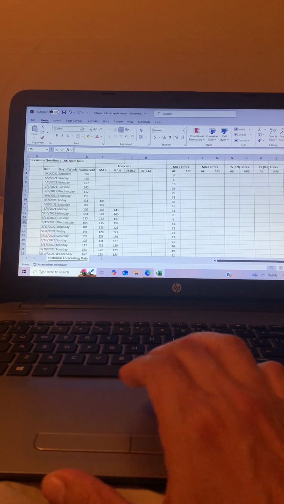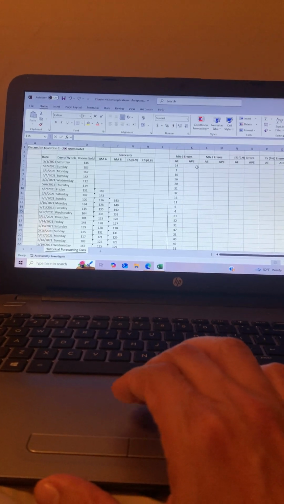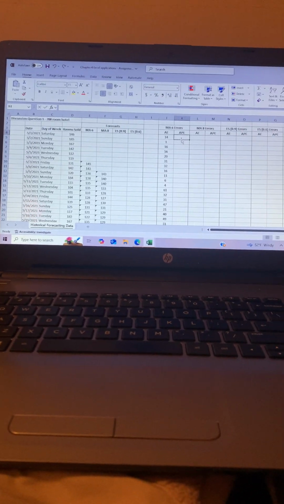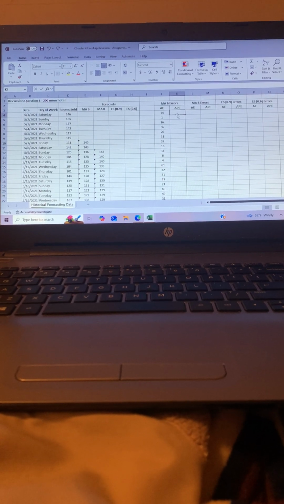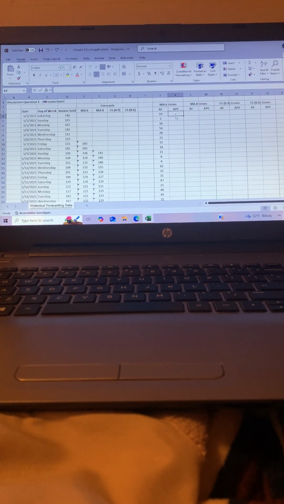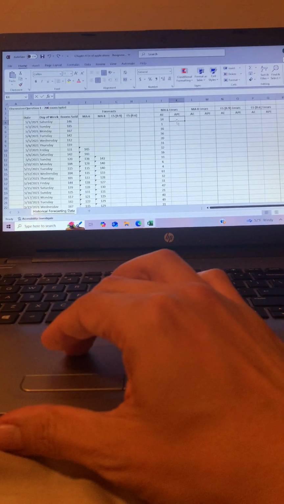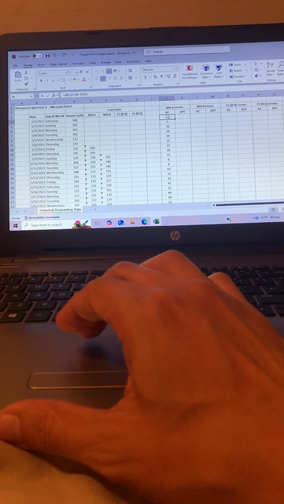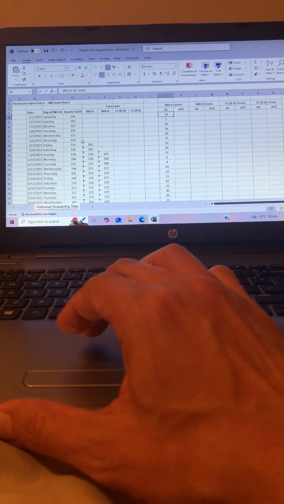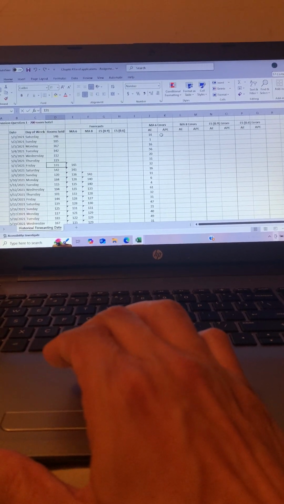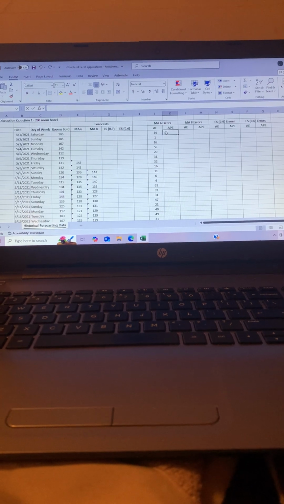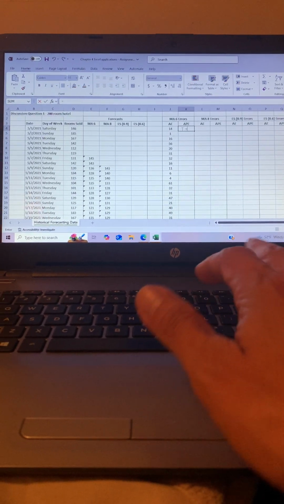Then to find the MAP error, we have to divide the number of days from the actual rooms sold. So from this one to this number. So we do that by putting, I believe if I remember, equals.